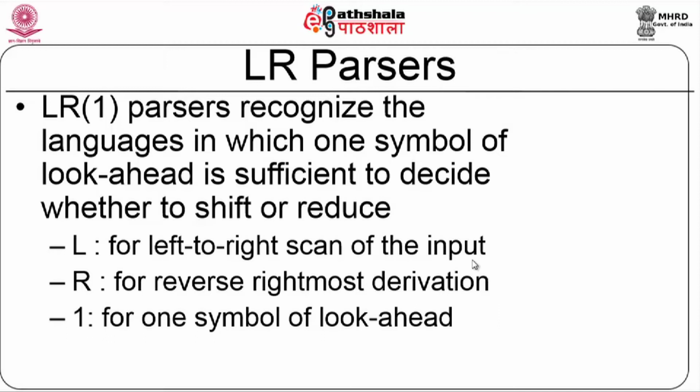The handle will be looked upon from right to left. So, that is a reverse situation, and one symbol of look ahead is sufficient to decide whether to shift or reduce. This one indicates you are looking at one symbol at a particular point of time.